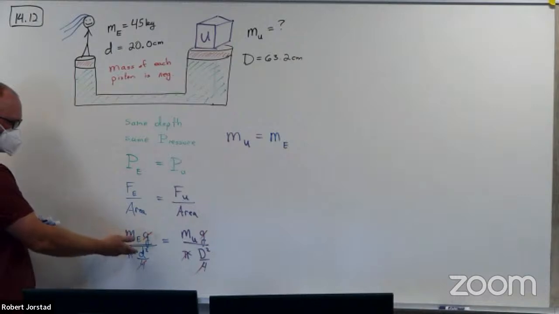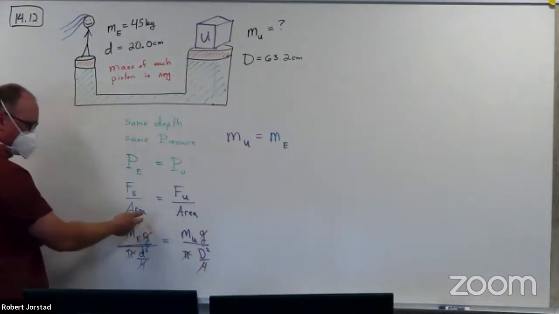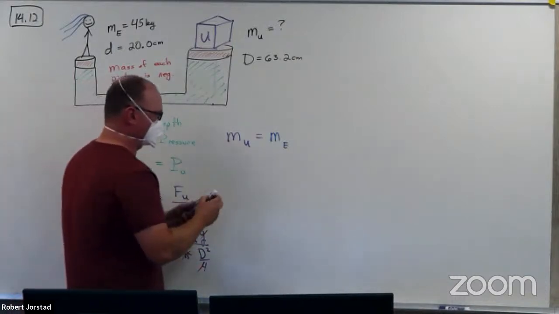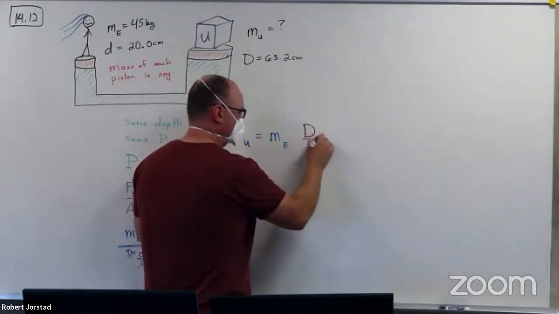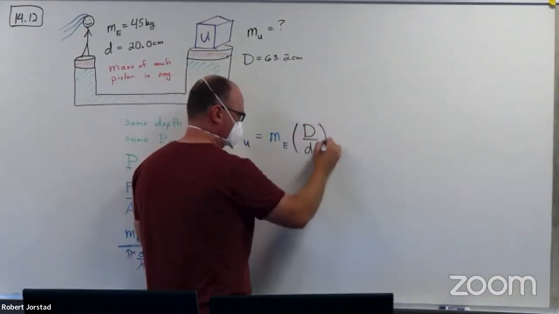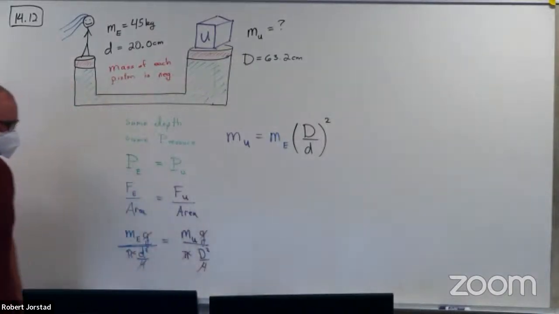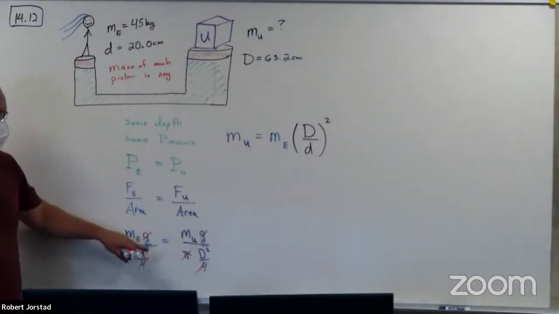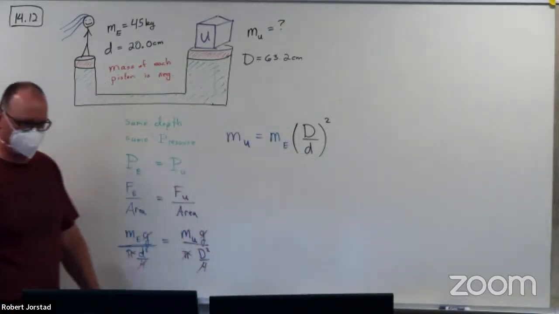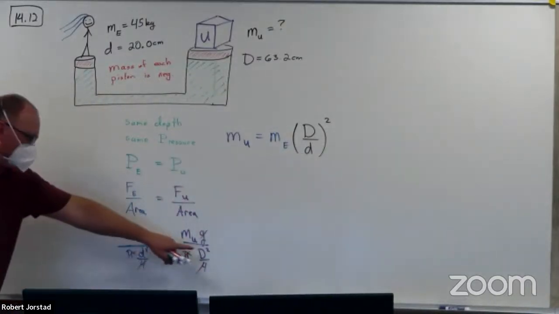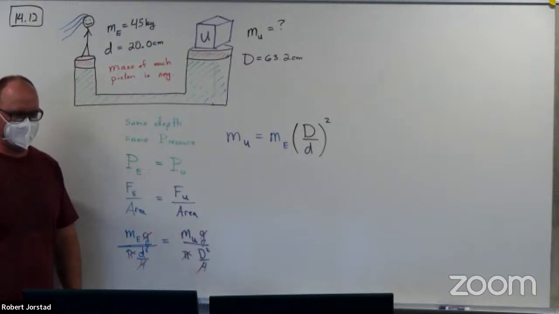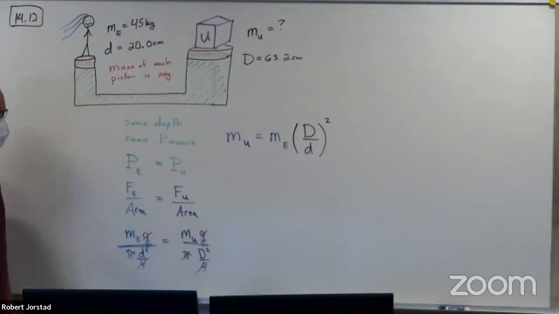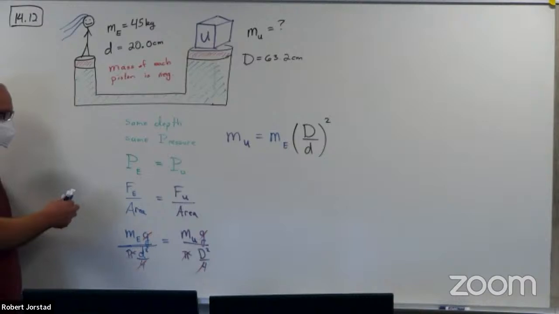In this case, it's going to be capital D squared over little d squared, or the diameter ratio squared. Take a second to believe that. D comes up top, and then I took the square outside, because they're both squared, D squared and d squared. Well, in this case, let's plug in some numbers.